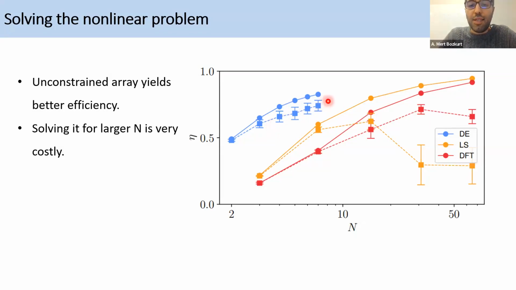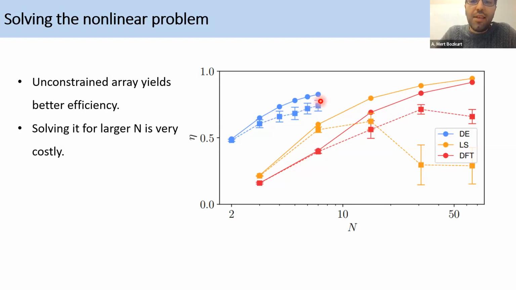First of all, you can see that the efficiency is increasing as the number of arms increases, just like we understood from the previous slides. Of course, the unconstrained array performs much better than the constrained ones, the linear problem.